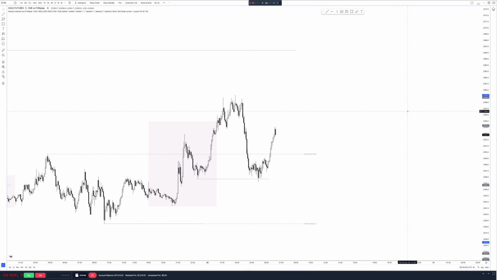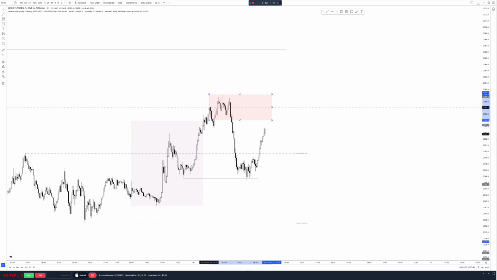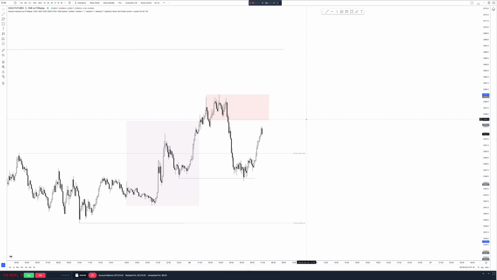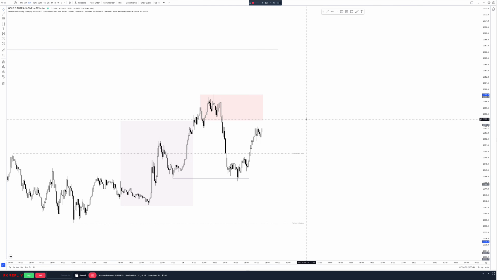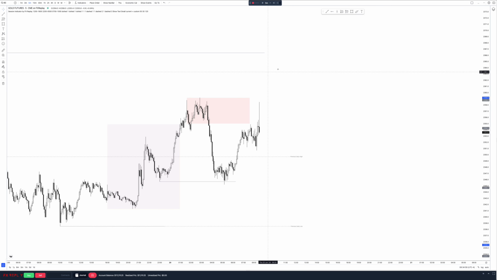I still do see price action going higher. Let's see if it can at least give us something though. Maybe a move. If it comes into here, respect these highs. Let's see. All right. Not bad. Okay.